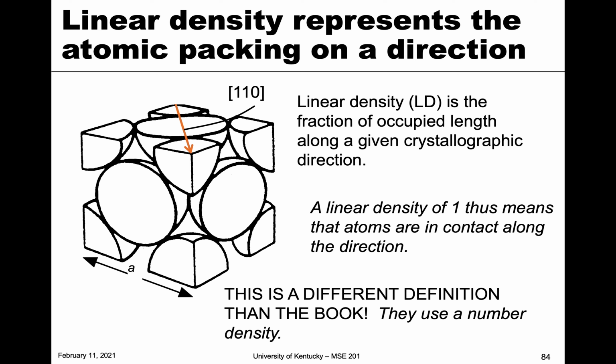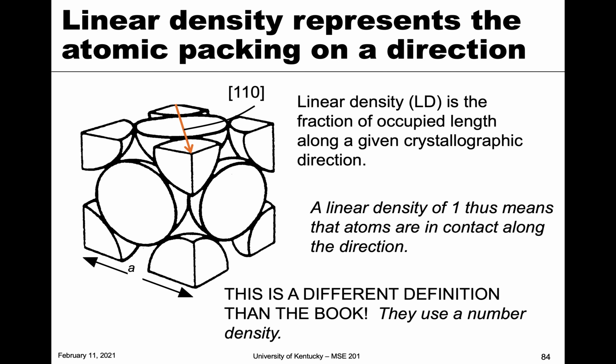I think this is better because it's a fractional amount and it's easier to compare values. So again, we are going to use the definition here in the slides, and it's going to be different than the one in the book. So if you're looking at the book for this section, make sure you note the differences, and we are going to use the ones in the slide. It will be the same for planar density in the next section as well.